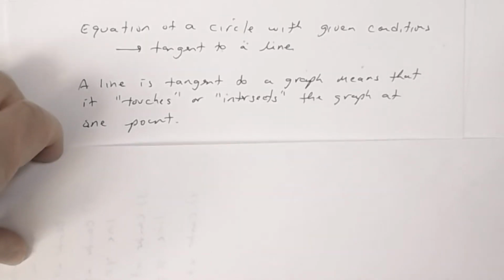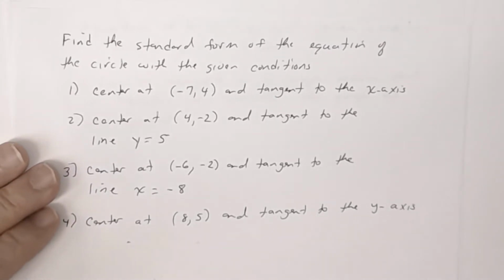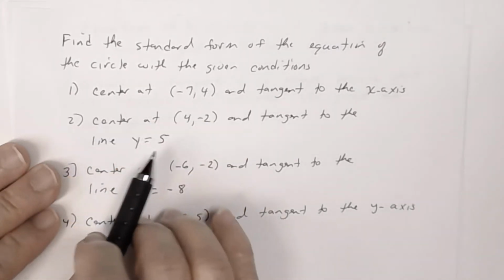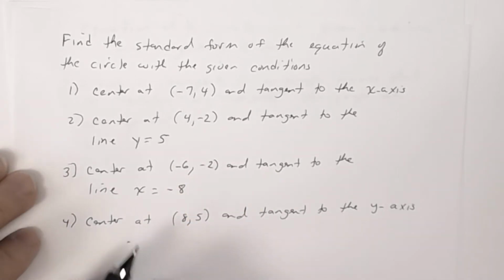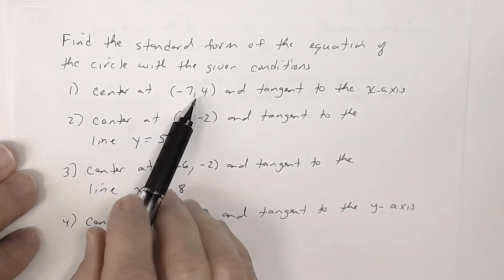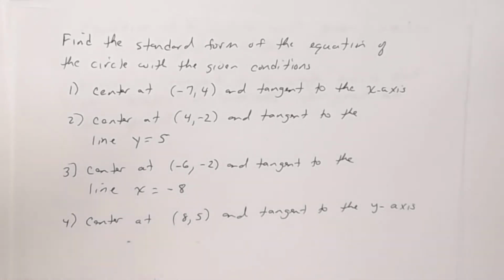In number 1, you want to find the standard form of the equation of a circle with the given conditions. Notice all 4 problems have the word tangent. You're told that the center is at -7, 4. Sometimes it helps to look at a diagram, so let's do that.